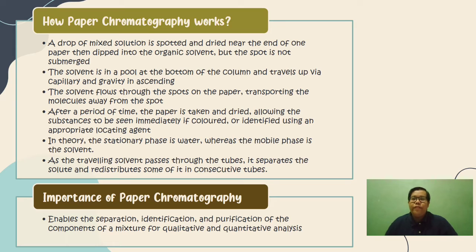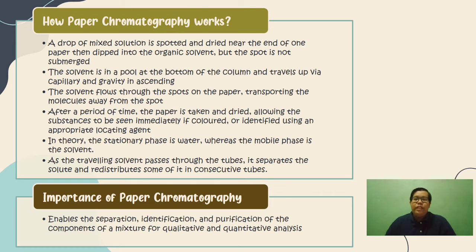Chromatography is a technique for separating mixtures that involves the use of a moving liquid and filter paper. Near one end of the paper, a drop of mixed solution is spotted and dried. The end of the paper closest to the spot is then dipped into the organic solvent, but the spot is not submerged.